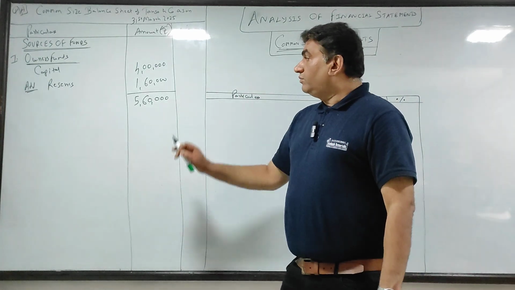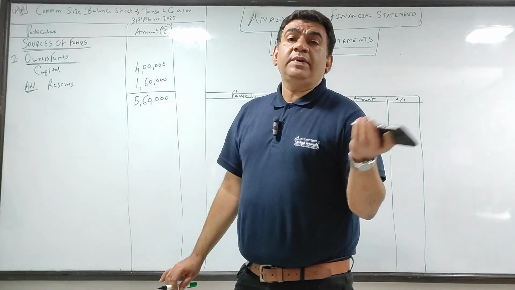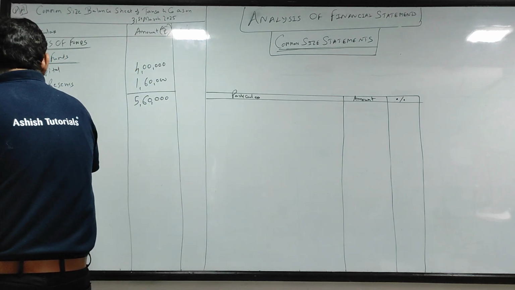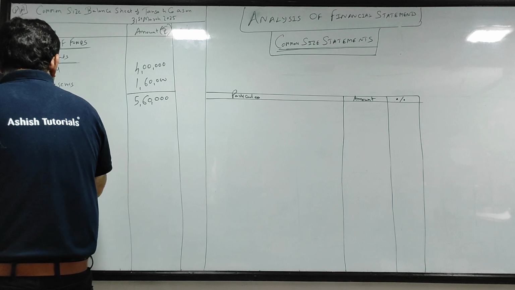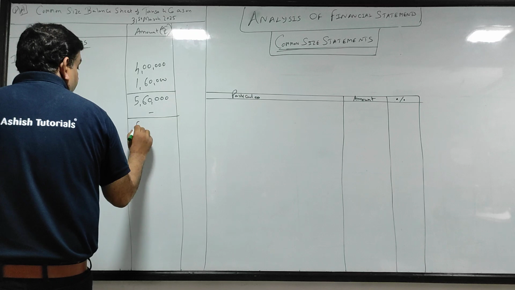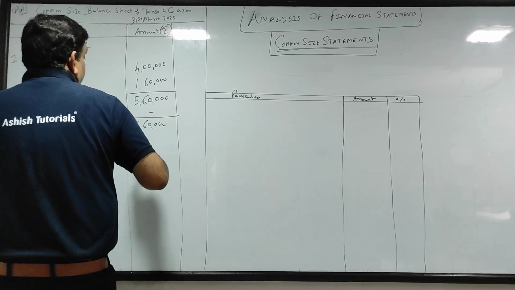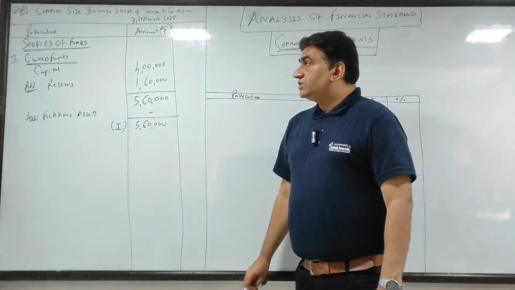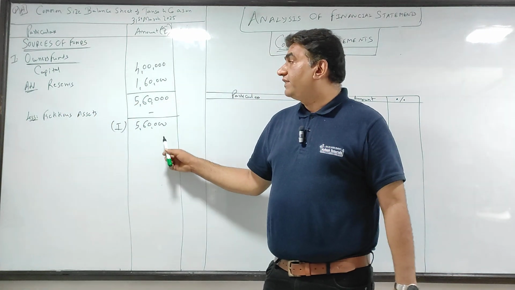Remember. From this we deduct fictitious assets, which if there is any will be on the asset side, not debt. So less fictitious assets, which is not there, nil. So 560 minus 0 gives you 560, and this becomes the first part of sources, that is owners funds. So owners funds in this case is 560.